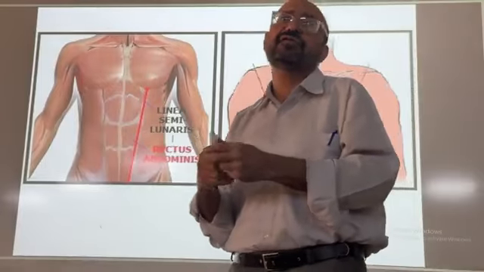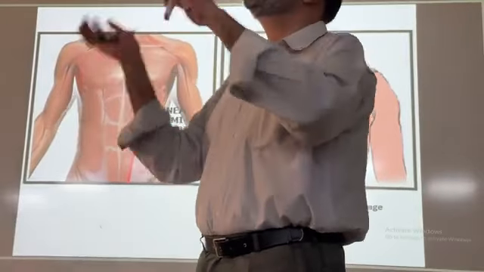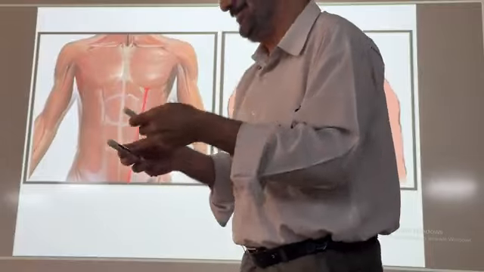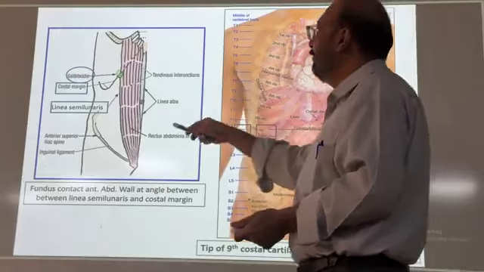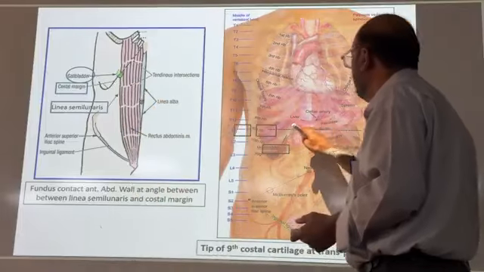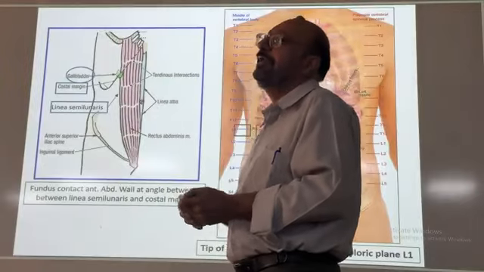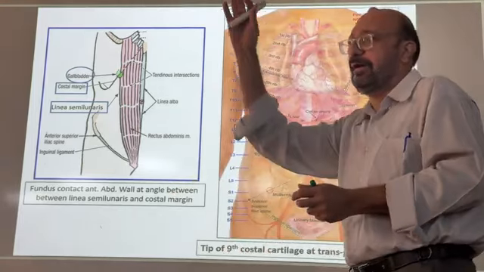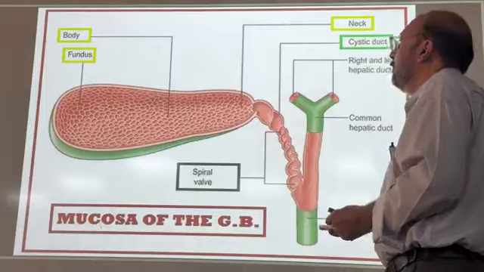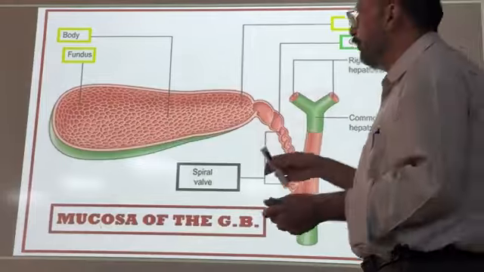Situs inversus is a situation where all the right things are on the left, the right hand is on the left hand. So this is the same, to show you the tip, transpyloric plane, and the line of the rectus muscle, linea semilunaris. Linea means line, semilunaris like a half moon. Okay. Overview quickly.